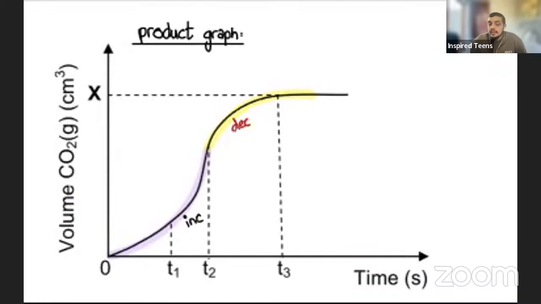And remember, if we decrease concentration, we decrease the rate of the reaction. It's almost as if initially we have a lot of particles to react. So we react, and the rate of reaction is increasing because the concentration of the reactants initially is high. But once we start using up those reactants to form products, the concentration of the reactants starts decreasing.